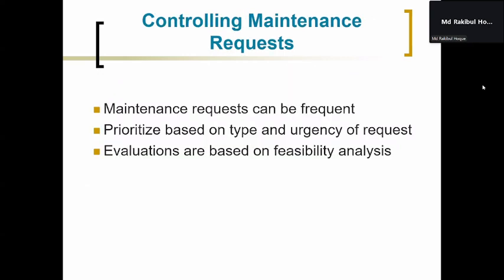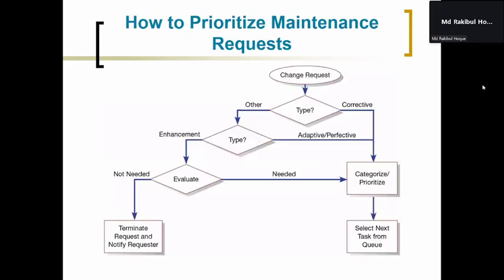So controlling the maintenance requests, since maintenance requests can be frequent. You can give priority based on the type and urgency of the request, and evaluation based on a feasibility study. So people will request changes, and you just identify whether it is corrective, adaptive, perfective, or you need an enhancement. Based on that, you can evaluate, or you just identify the type.